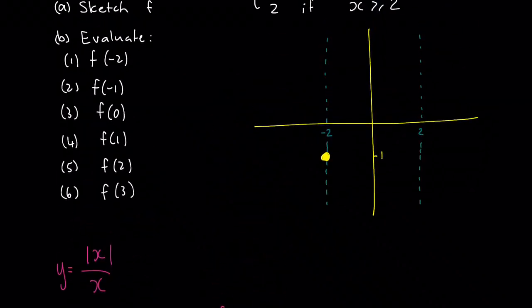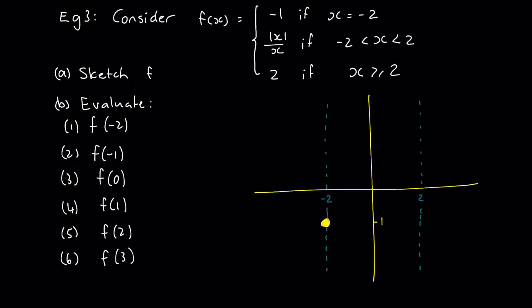Back to our graph here, we can then put those values on. One thing we've got to take care of before we do that: there's a variable in the denominator here, which is an implied restriction that x cannot equal 0. So immediately we've got an open dot at x equals 0.